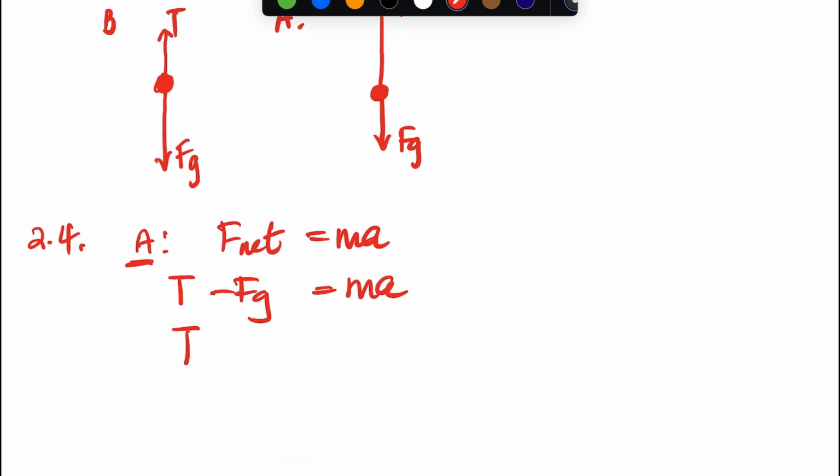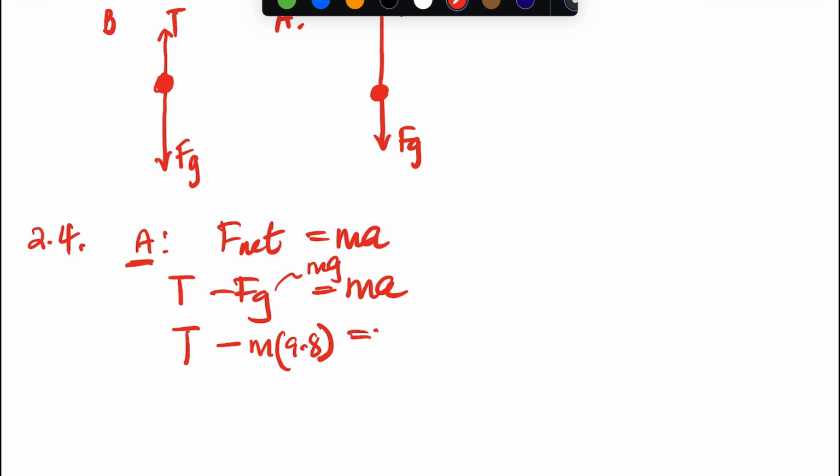Now the tension force minus Fg, where Fg is going to be mg. The mass there is the one that we do not know, and the acceleration is 9.8. Guys, be careful here, it's mg, so it's the gravitational acceleration, right? So it's very important to put the 9.8 there.